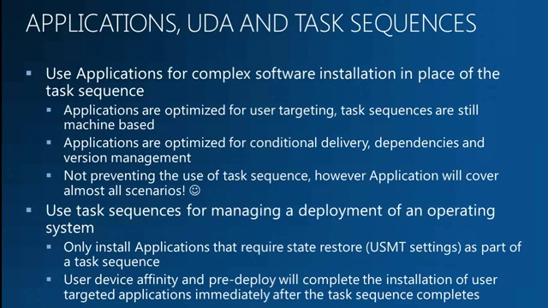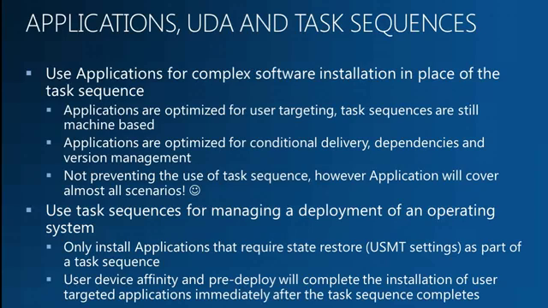So if you want to still deploy apps through task sequences, here's a real cool bit, and that is, as Brian mentioned earlier, you can set the UDA, the user device affinity, as part of the task sequence process. And when you do that, if you're targeting user-required apps, then you can install those after the task sequence finishes.